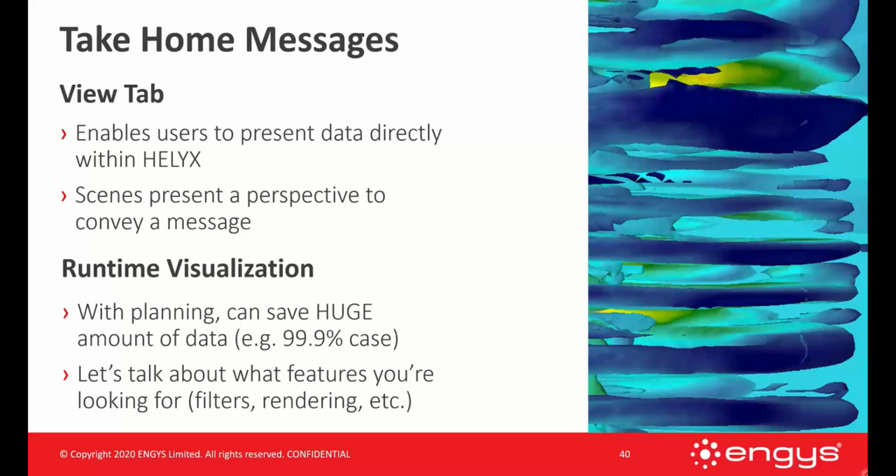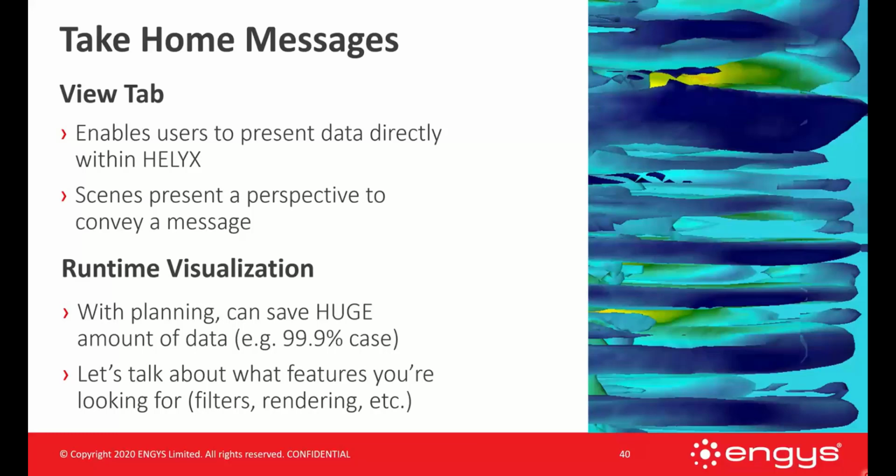With runtime visualization and with planning, we can save a huge amount of data. In the example that I showed, it was 99.9%. Okay, that was an extreme, but there's something in the middle that is still very significant. So I invite you to talk to me and talk to ENGYS about what features you're looking for.